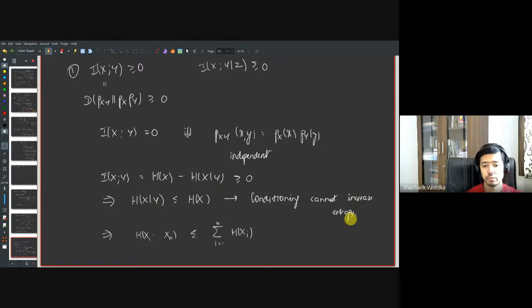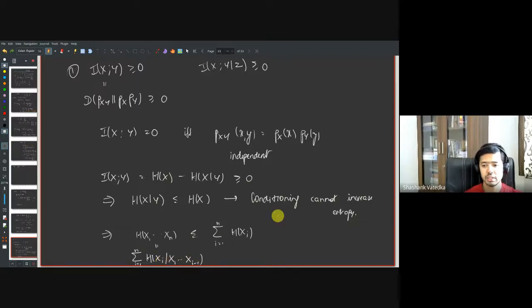Okay, so this is a very useful property. If you look at n jointly distributed random variables X1 through Xn, or a sequence of random variables, then the entropy of this sequence is always going to be less than or equal to the sum of the entropies of the individual random variables. And why is that? Just by the chain rule, you can write H(X1 through Xn) as the summation over i going from 1 through n of H(Xi given X1 through Xi minus 1).